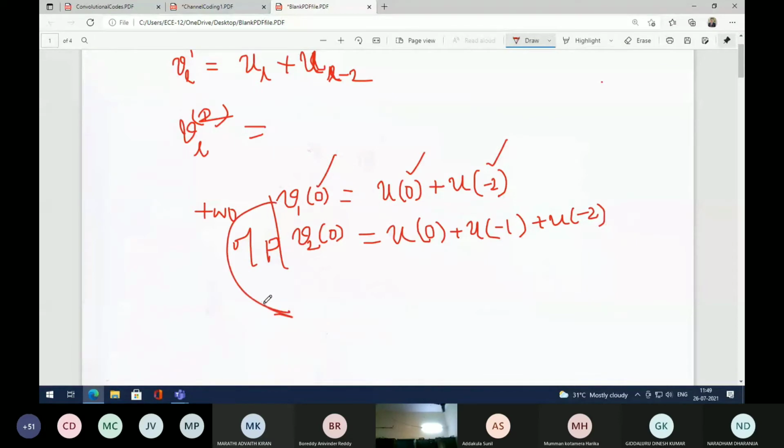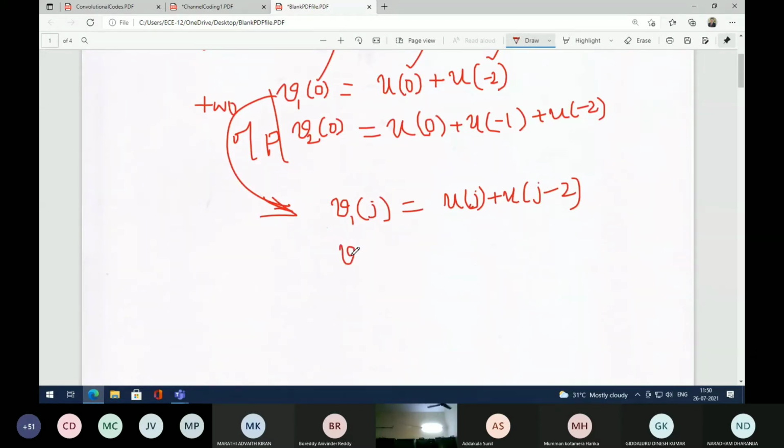Now I can write V1 as the first output, or in general, V1 of J equals U of J, jth time, and U of J minus 2, correct?